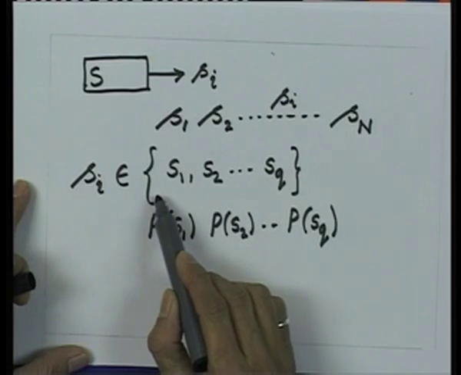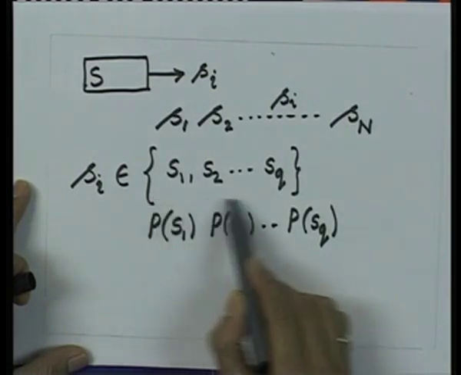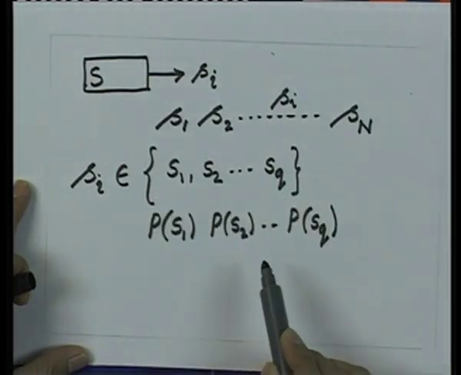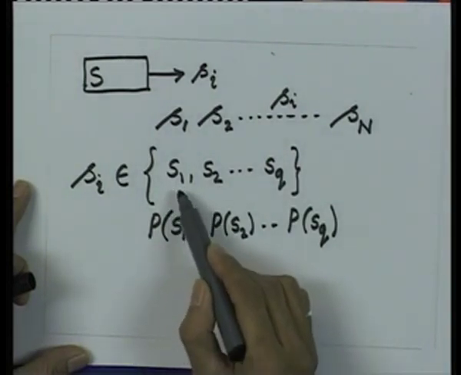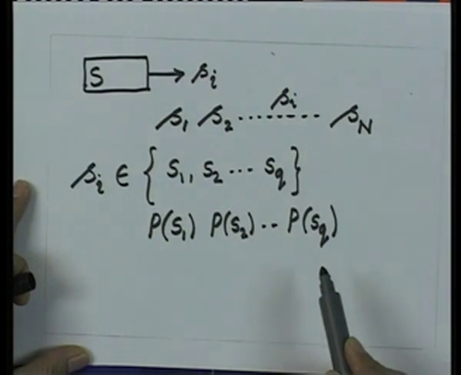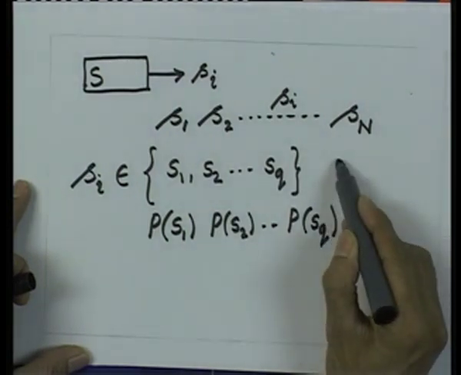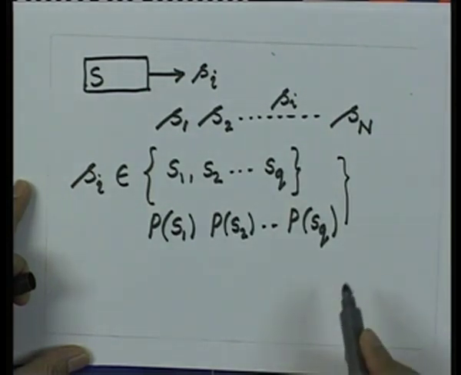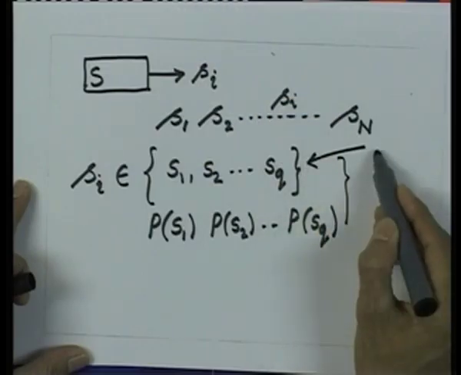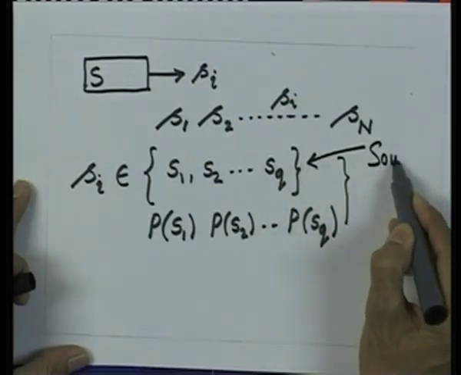Each Si can take values from this set of q possibilities, and with each of these q possibilities there is an associated probability of occurrence. Both these specifications are more than sufficient for me to identify this source S. This set is called the source alphabet.